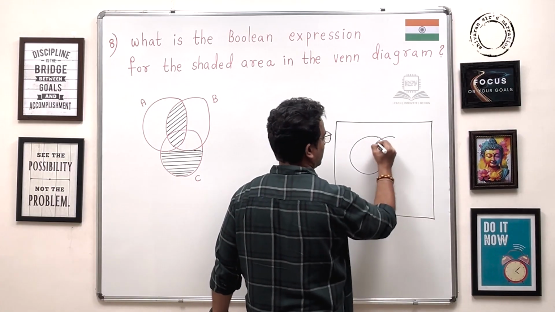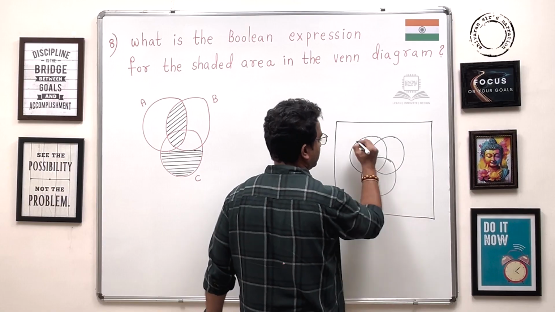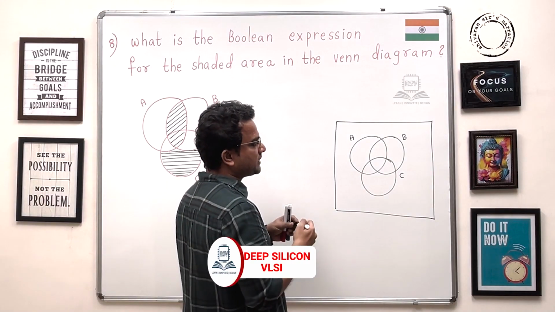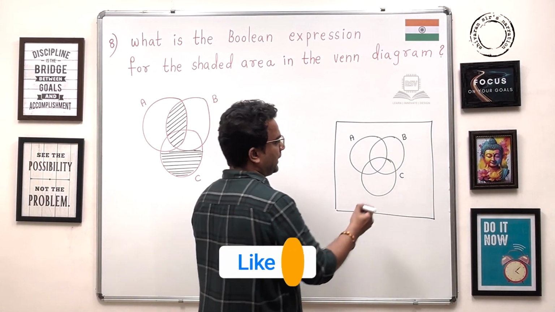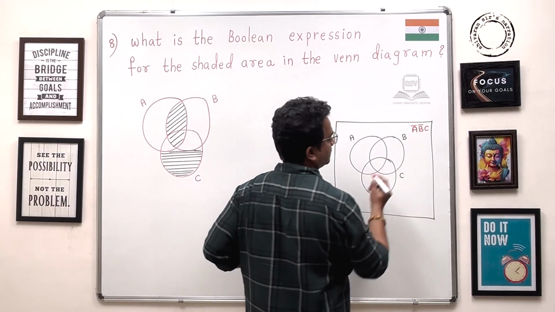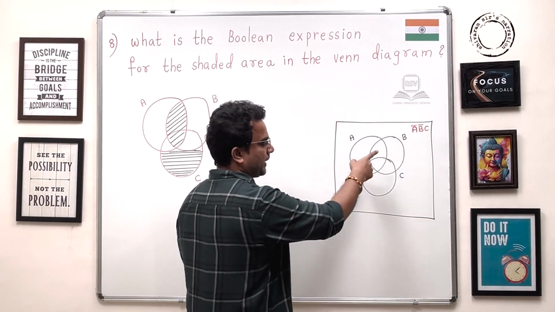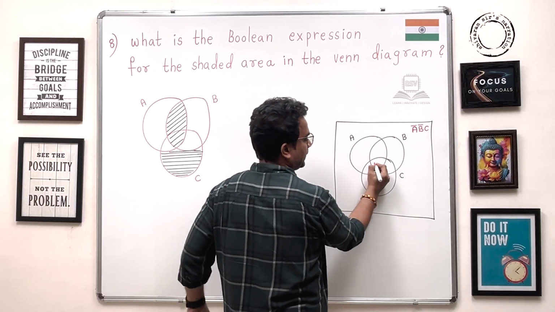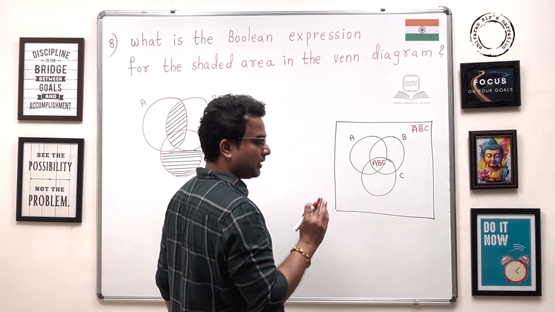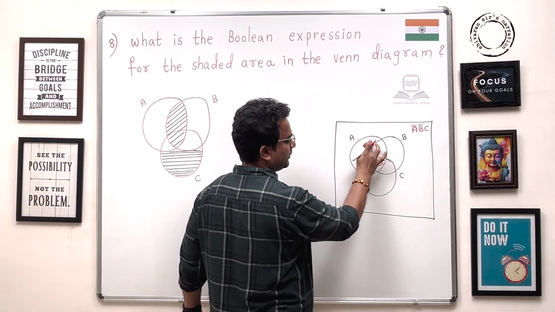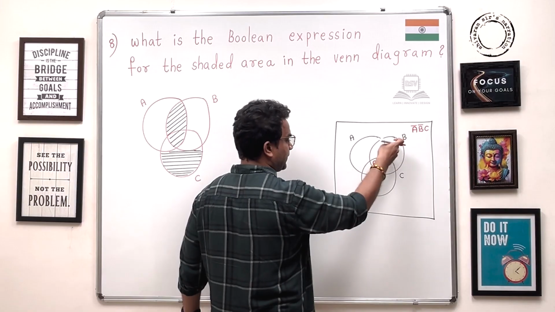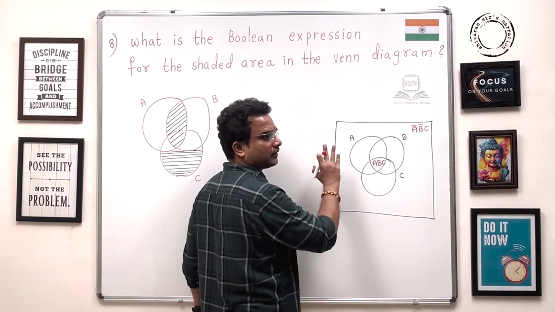Let's assume A, B, C. Okay guys, now whatever the portion outside of these three circles will be like A bar, B bar, C bar, and the common portion will be A, B, C. Okay now guys, you take this portion where A portion is there, whereas B and C not at all connected.